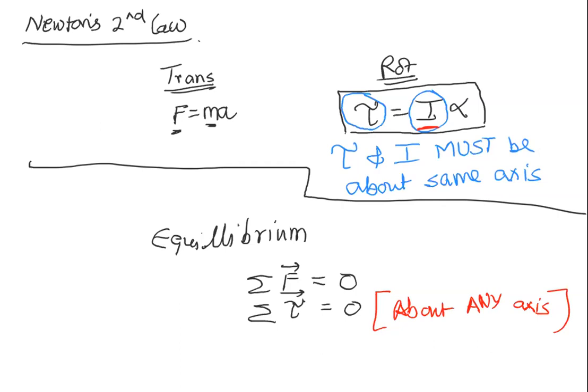However, you can be clever about this, and you can always choose a particular point, a particular axis, about which the maximum number of unknown forces give you zero torque.